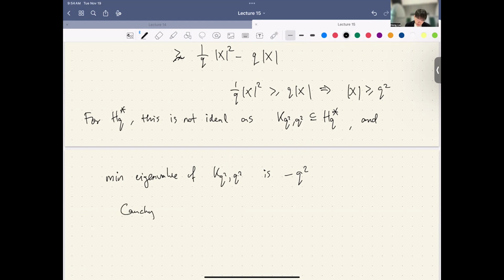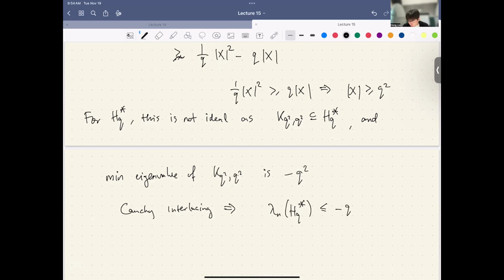Cauchy interlacing just means the eigenvalues of an induced subgraph of a graph and the original graph are interlaced together. So interlacing implies that lambda n of HQ star is less than negative Q squared up to some constant.